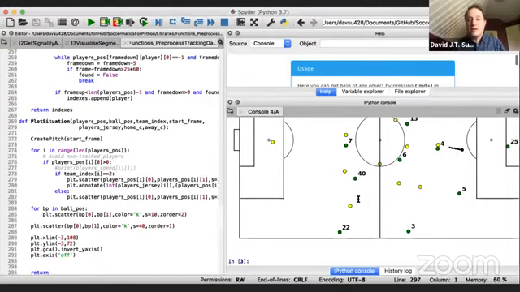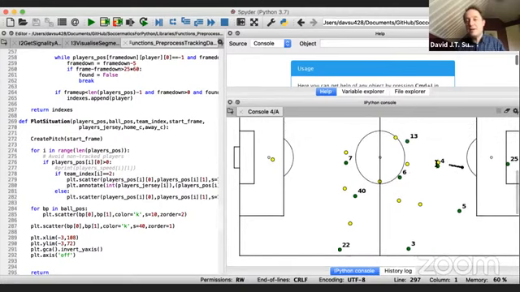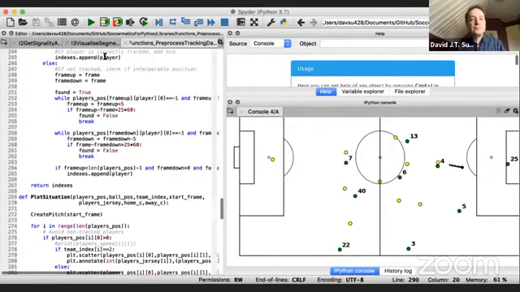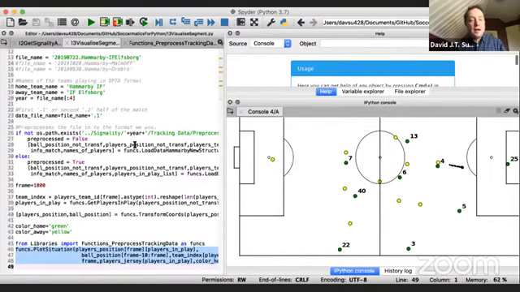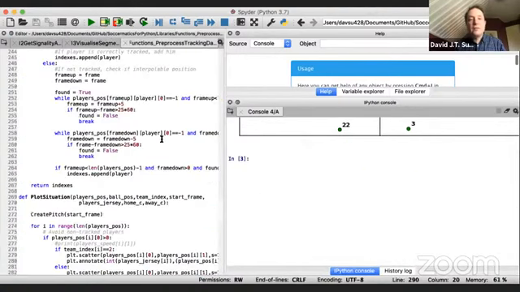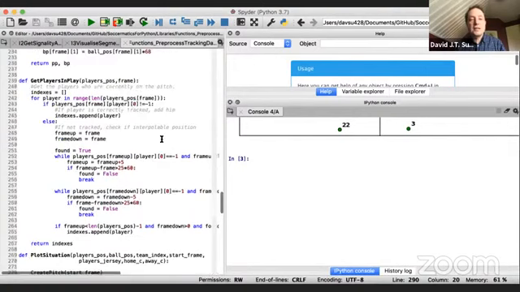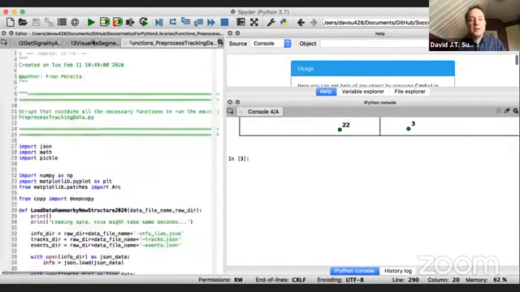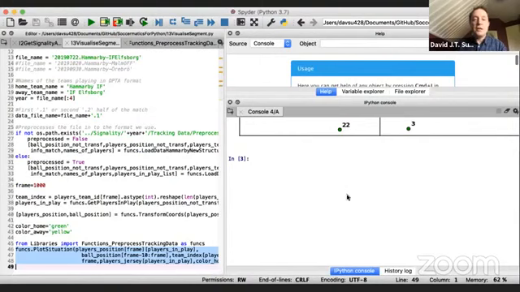One of the first things you're asked to do in the exercise is to find the direction of the players and to put arrows on them. So the first thing you should do when you start is put arrows onto the players, so you know where they're moving to. That's basically the code that you're provided with: functions to do the basic loading and to plot a situation.